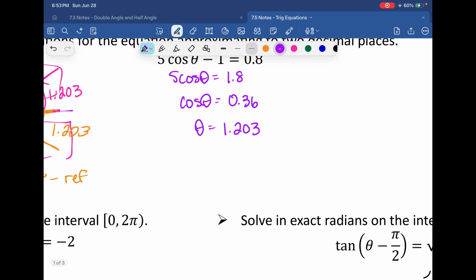So I'm going to do 2 pi minus my reference angle.